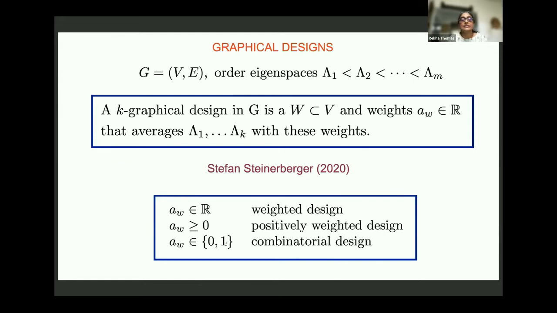Just like in numerical integration, people like quadrature rules with positive weights because those are a lot more numerically stable than arbitrary weights. So people don't really like negative weights. And you'll see in this story too, the positive weights have a very nice theory that goes with them. Okay, so this is what a graphical design is.